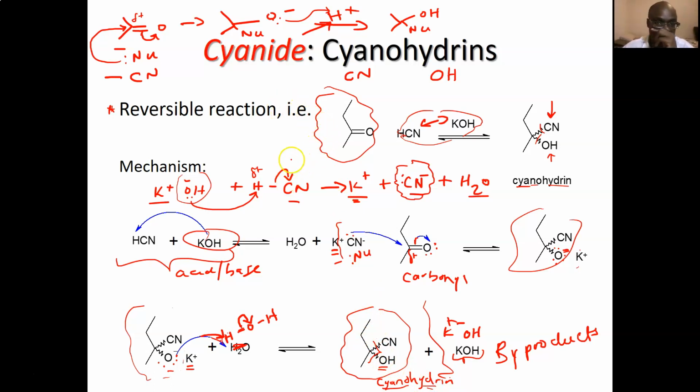Alright, so generally you can move from an aldehyde or a ketone in presence of HCN, in presence of a base, followed by addition of an acid, which could be water, to give you a cyanohydrin. That's the general reaction we are describing in this slide.